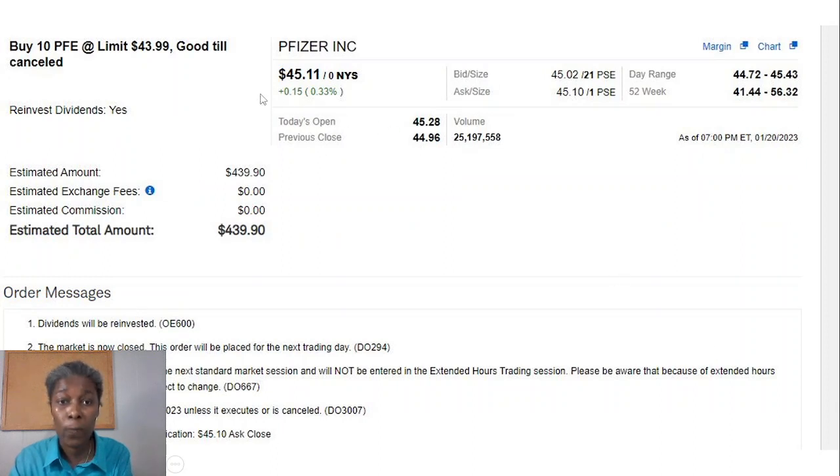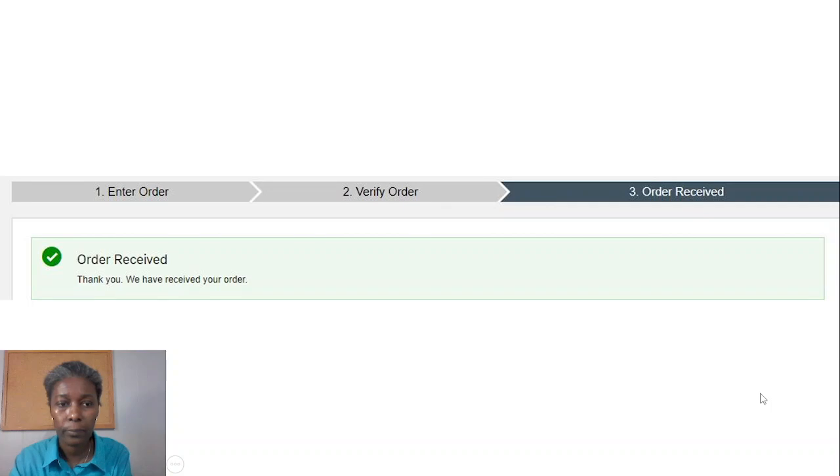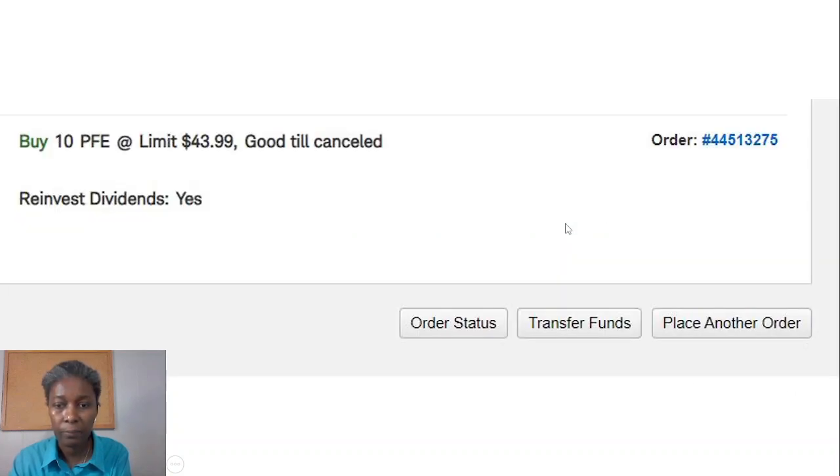So when you click review orders, the next page will pretty much show you the order you placed, and if you agree with it, you read the order message and you click place order, and it will let you know that your order is placed.